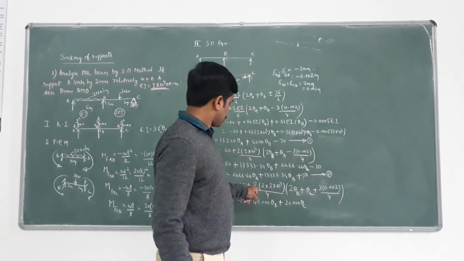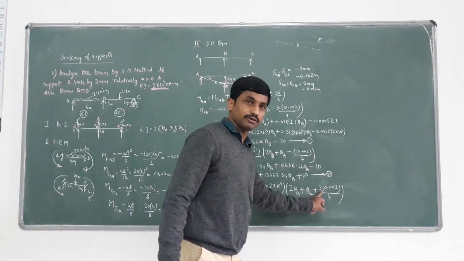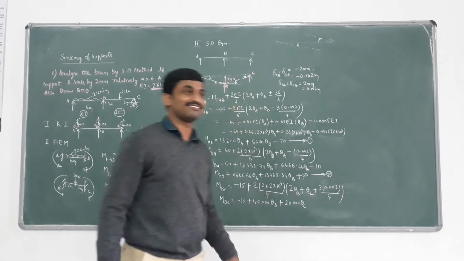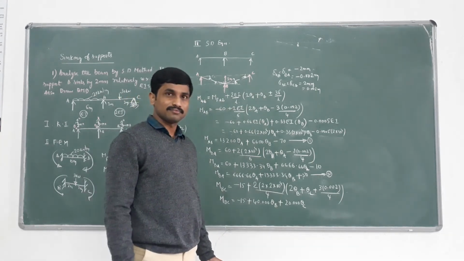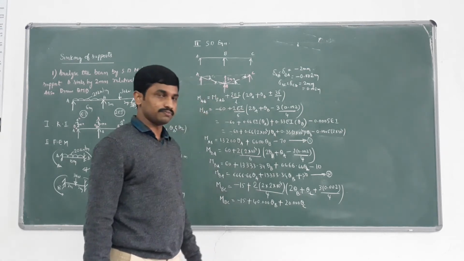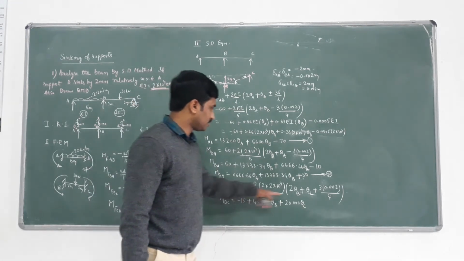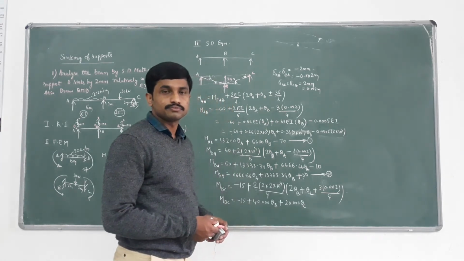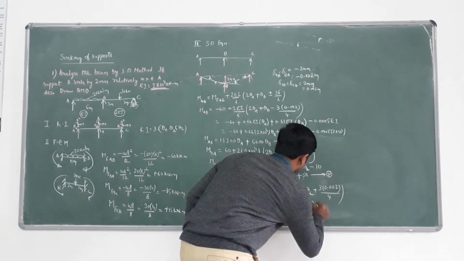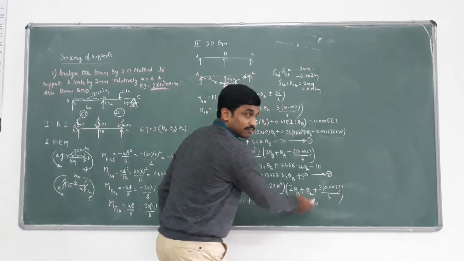Next, 2 into 2 into 2 into 10 power 4 into 3 into 0.002 divided by 4, that is 16, giving plus 30.